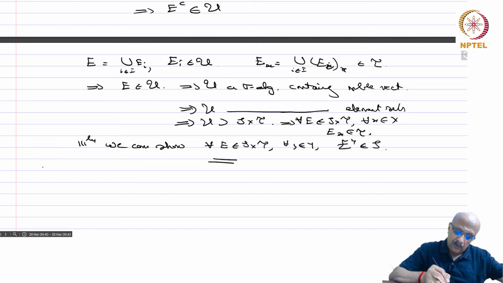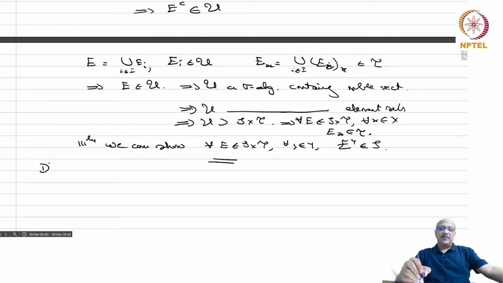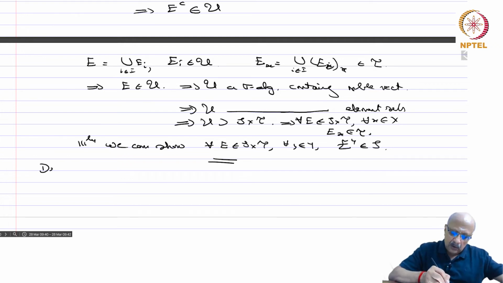So now we have seen rings, we have seen algebras, we have seen sigma algebras and so on. Now we are going to define one more collection of subsets of a given set X. So X is a non-empty set.